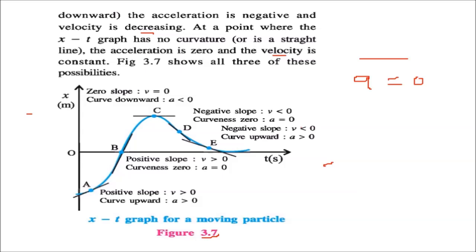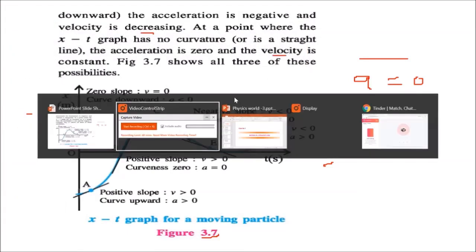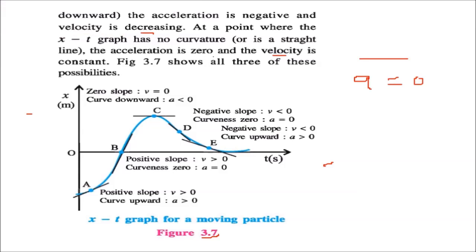So this figure shows all the three scenarios we have discussed. Let us start with the 0 one. Here we have slope 0 in the xt graph, that is velocity is 0, and because it is curved downwards, acceleration is less than 0.